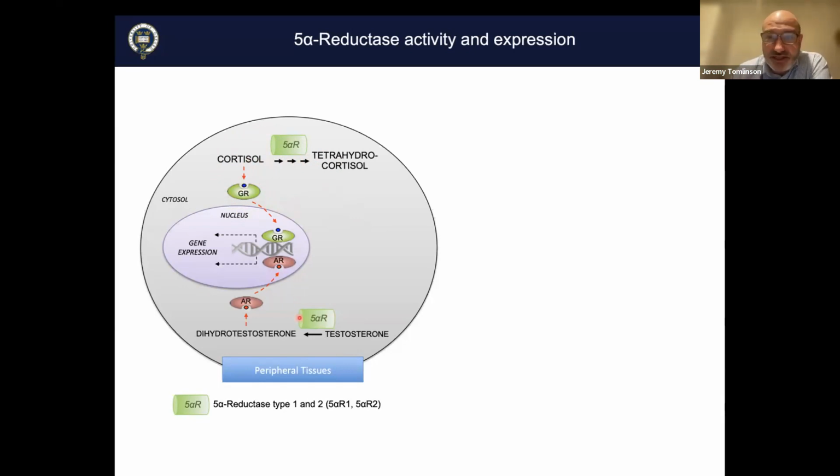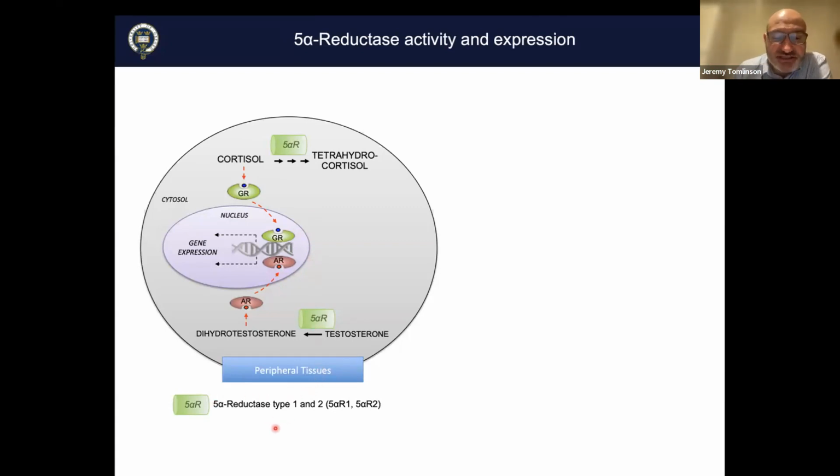But there's also a flip side to that coin, as many of you will be aware: 5-alpha reductase also takes testosterone and converts it to 5-alpha dihydrotestosterone, which is the more potent androgen. And that more potent androgen, 5-alpha DHT, will bind to the androgen receptor and regulate androgen gene expression. So you've got 2 things at play here. One is clearing of glucocorticoids, and the second thing is activating of androgens.